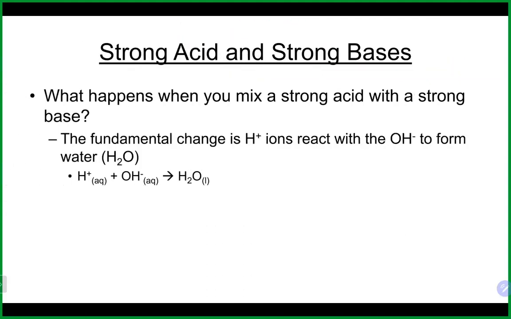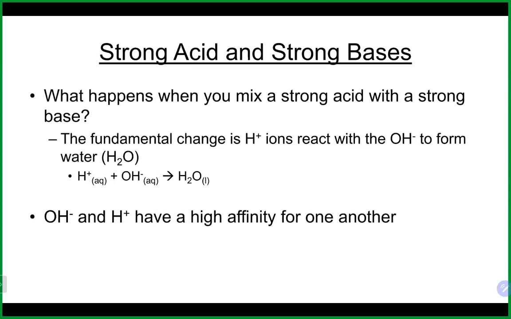So what do we get when we take a reaction of a strong acid with a strong base? Ultimately, what is happening in that reaction is you're basically making water. So whenever you react an acid with a base, or a strong acid with a strong base, you basically get two things.